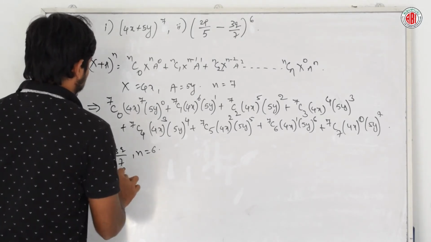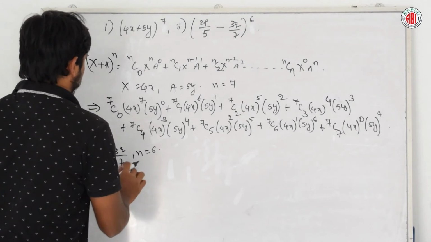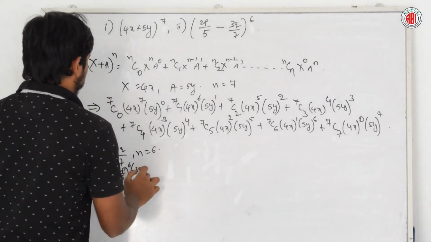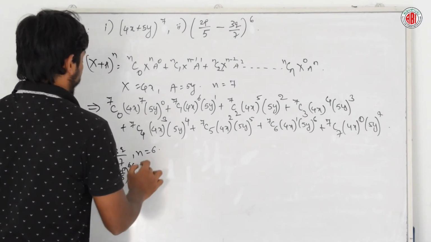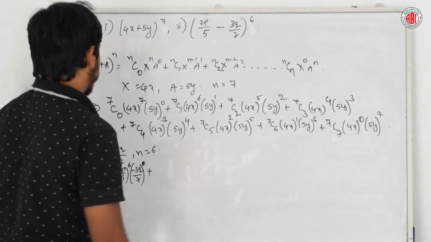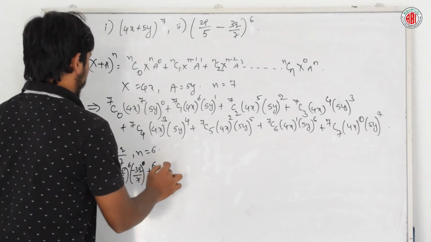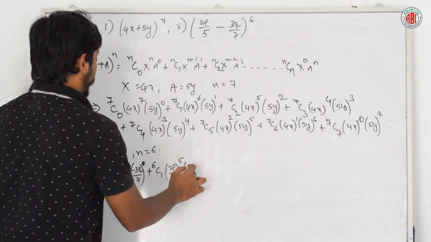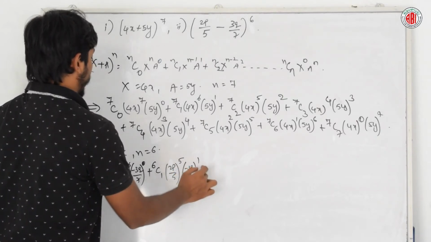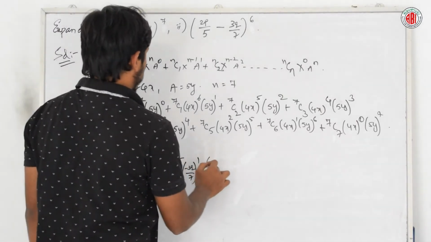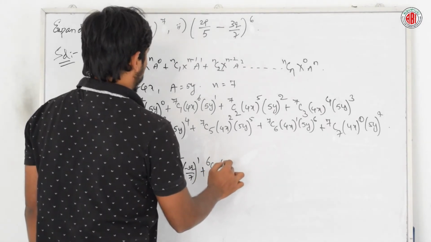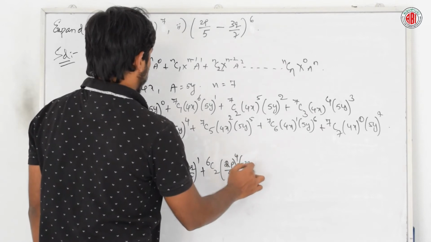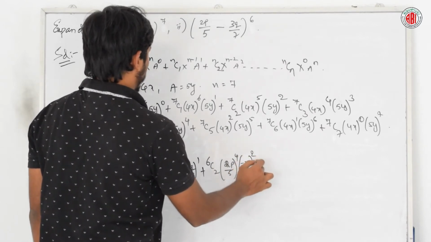6c0 (2p by 5) whole power 6 into (minus 3q by 7) whole power 0, plus 6c1 (2p by 5) whole power 5 (minus 3q by 7) whole power 1, plus 6c2 (2p by 5) whole power 4 (minus 3q by 7) whole power 2.